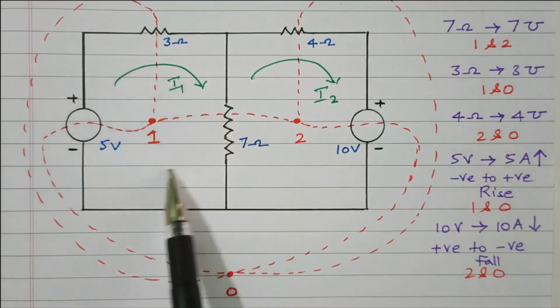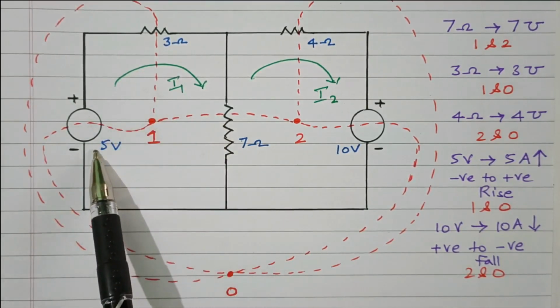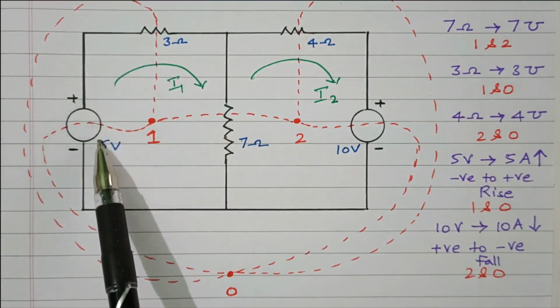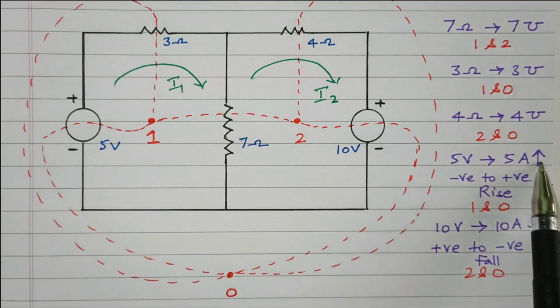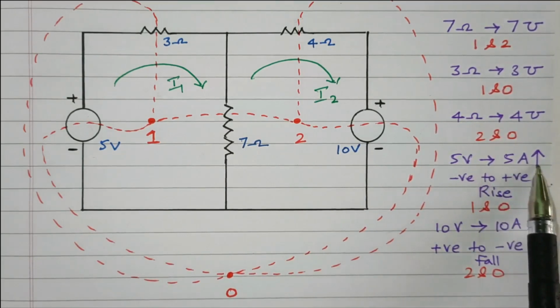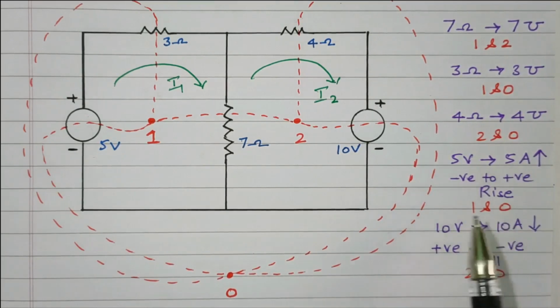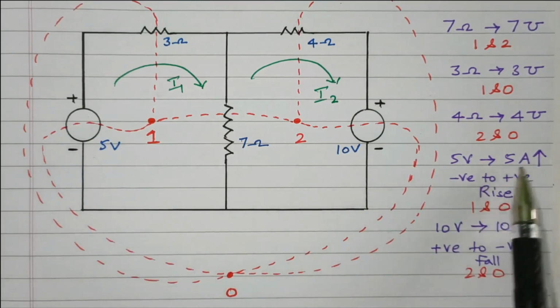So the current source is also 5 ampere, rise in polarity. So between 1 and 0, the voltage source is converted into a current source.